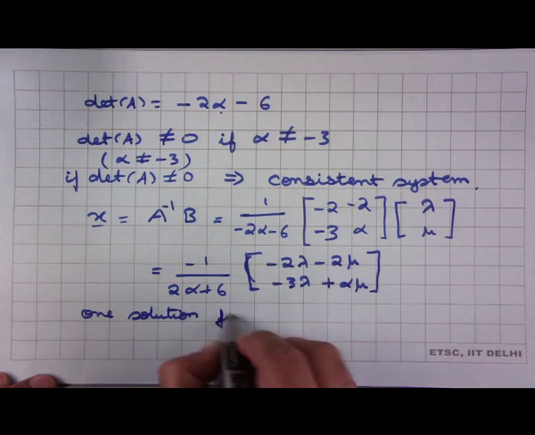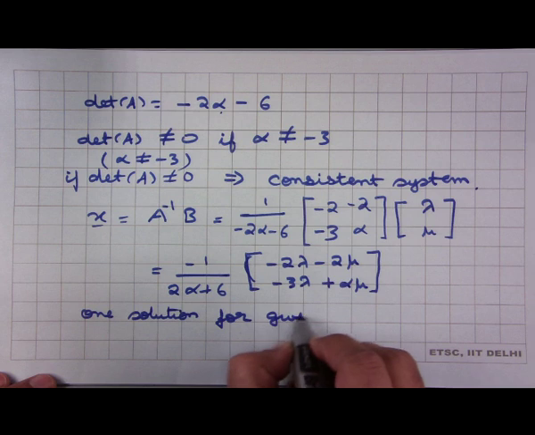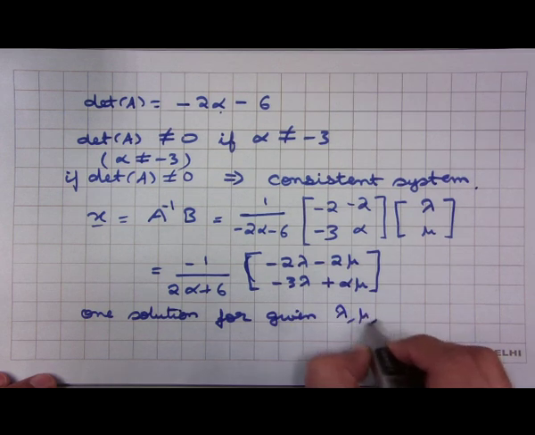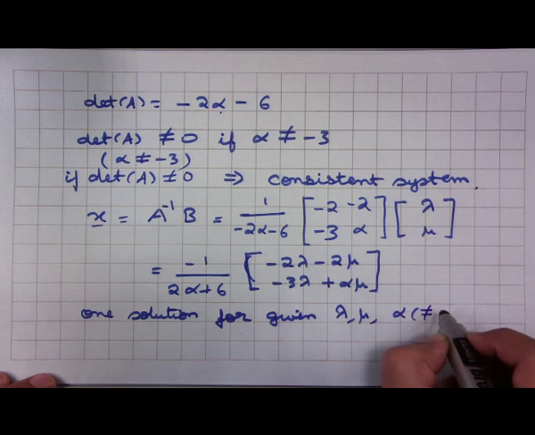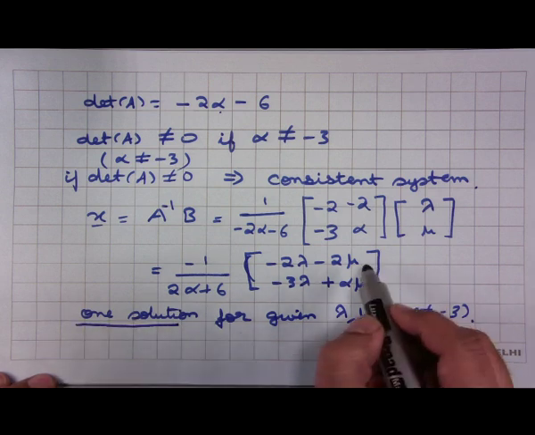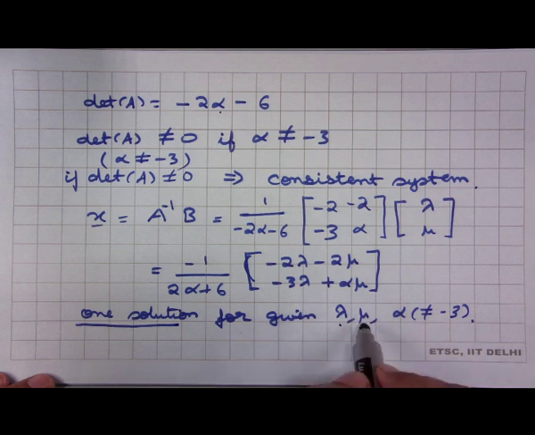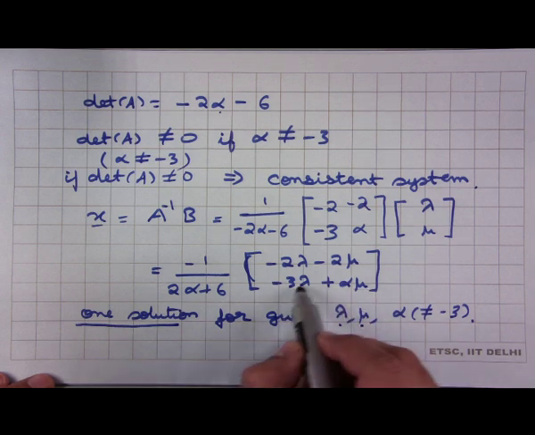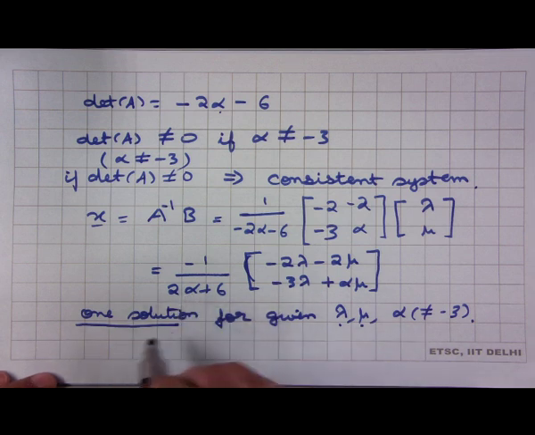for a given lambda, mu and alpha, and the alpha is given to be not equal to minus 3. So, therefore, yes, there is a unique solution, because for any value of lambda and mu we can come up with one value of this as long as alpha is not equal to minus 3.